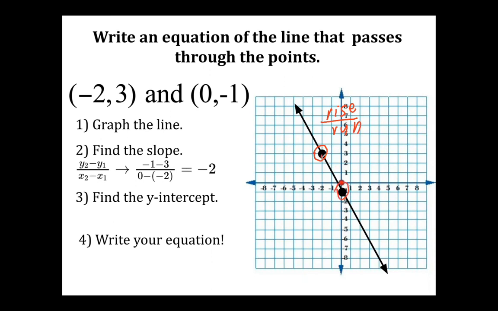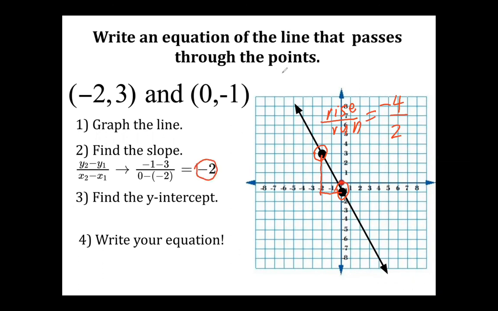Our rise is actually going downward, so we know that this is a negative slope. That's 1 unit, 2 units, 3 units, 4 units over 1, 2 units. So our slope is -4 over 2, which actually reduces to just -2.